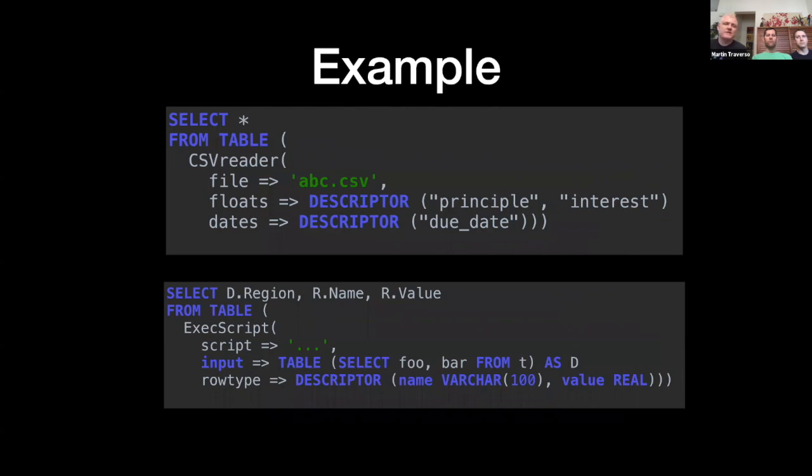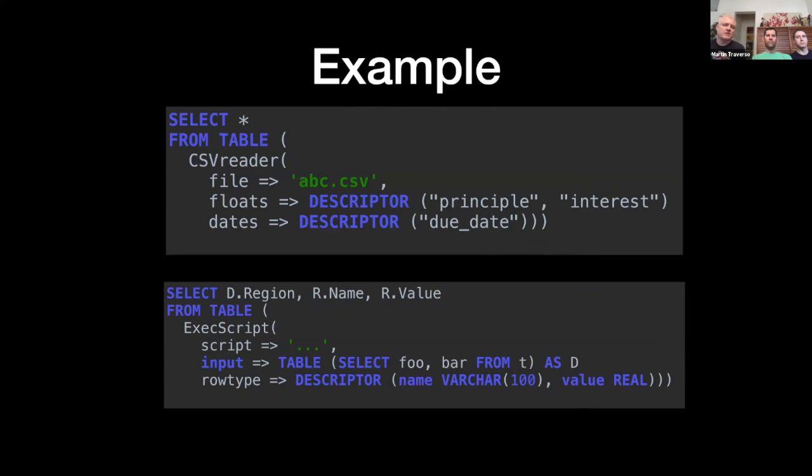So the idea with this function in the spec example is that during planning, the engine would talk to this function and say, here are the arguments. There's a file argument, it's this constant value. Here are some schema descriptions that are passed to it.